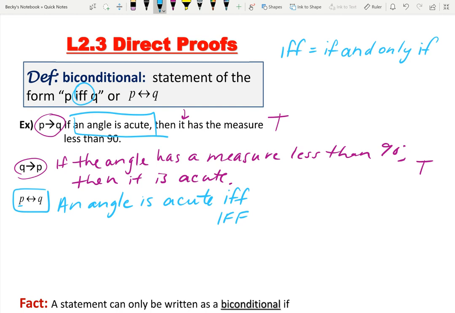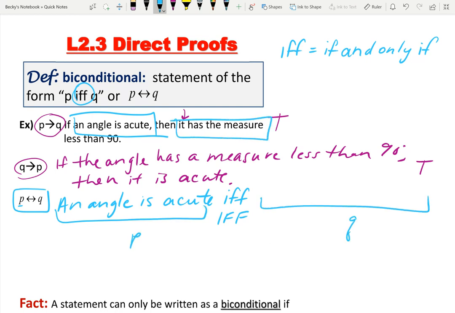So just put IFF. An angle is acute, if and only if. And now we're going to talk about the Q. And the Q was, it has a measure less than 90 degrees. Okay, so all of this sentence, this is called your biconditional.